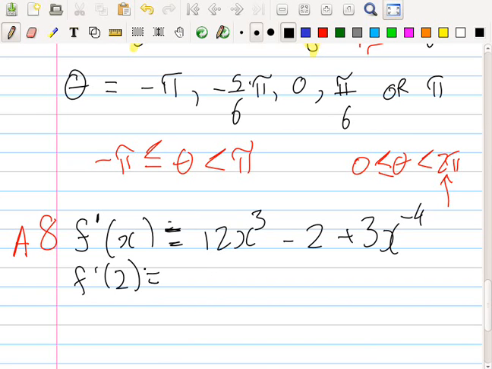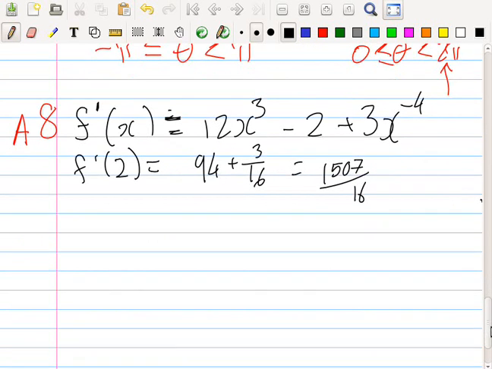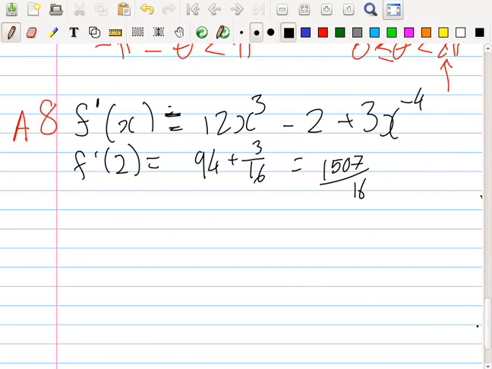It is, yeah. 96 minus 2 is 94. 94 plus 3 over 2 power 4. 2, 4, 8, 16. See what we get here? Equals 1507 over 16.